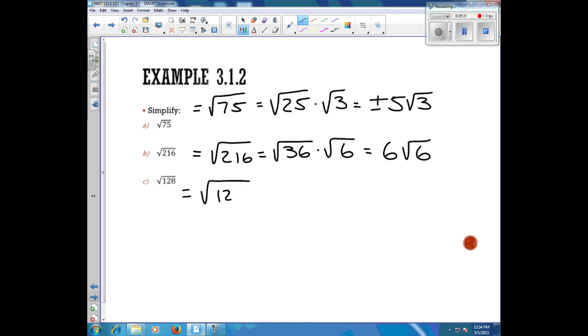Finally, the square root of 128. The largest perfect square that divides into 128 is 64. And so we get the square root of 64 times the square root of 2. And the square root of 64 is 8 times the square root of 2. I left off the plus and minus on the last two examples. The plus or minus really depends on the type of problem that you're doing as to whether you're going to use both answers or just one.